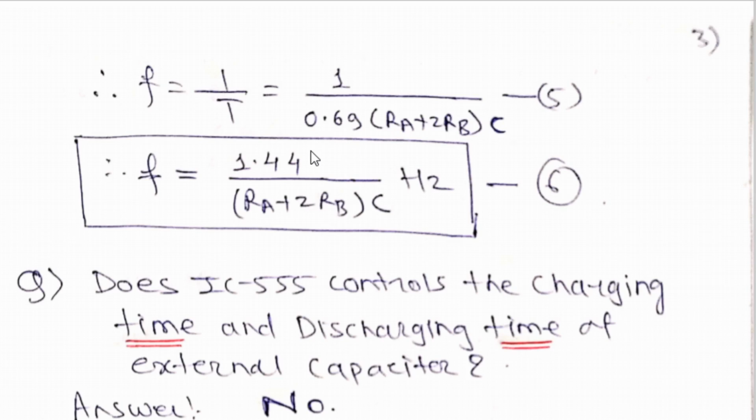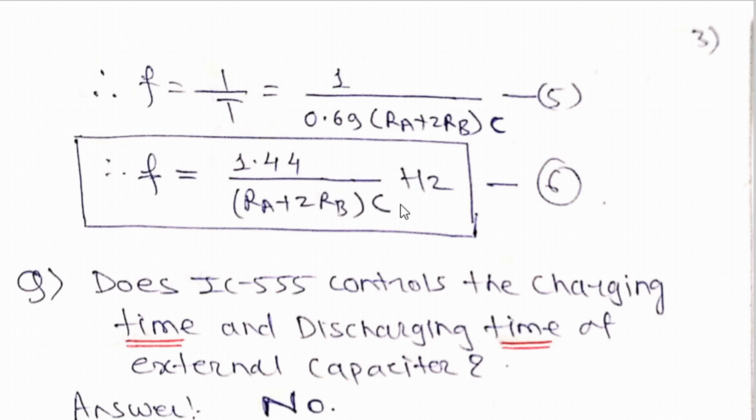You take a calculator and you will get 1 divided by 0.69 as 1.44, and therefore F is equal to 1.44 divided by RA plus 2 times RB bracket close C hertz. You take all these values in basic units, resistor in ohm, capacitor in farad, and you will get the frequency in hertz. In this way, I hope you have understood the derivation for the frequency of the square wave at the output of IC555 used as an astable multivibrator.